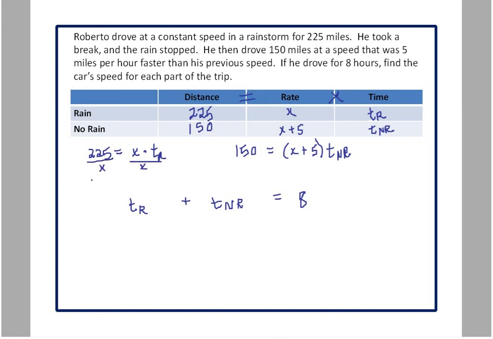So we have 225 over x, and because the x's cancel, that equals the time with the rain. On the right equation, we divide both sides by x plus 5 to get the time by itself.